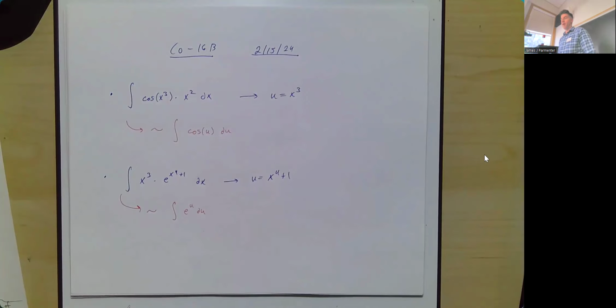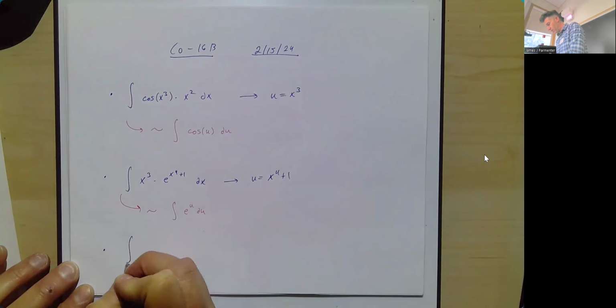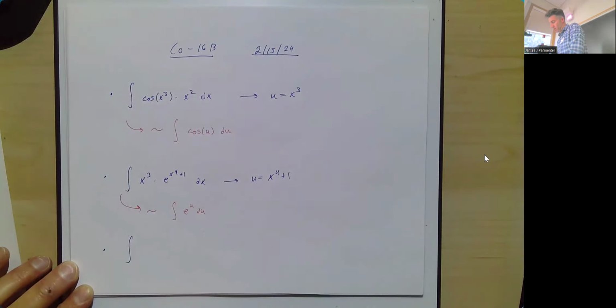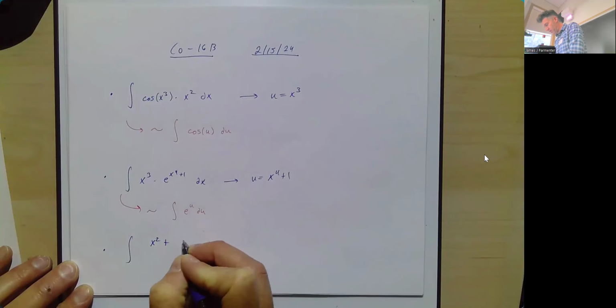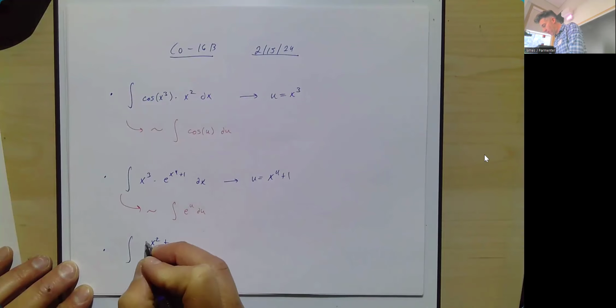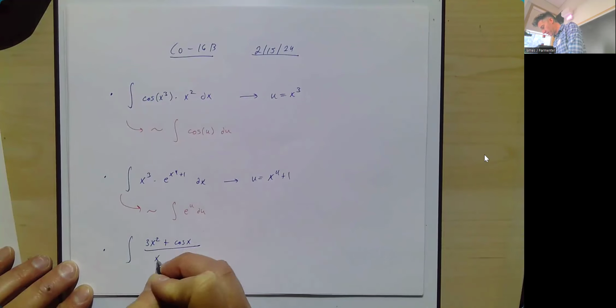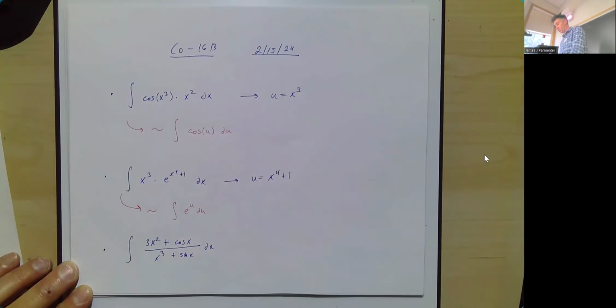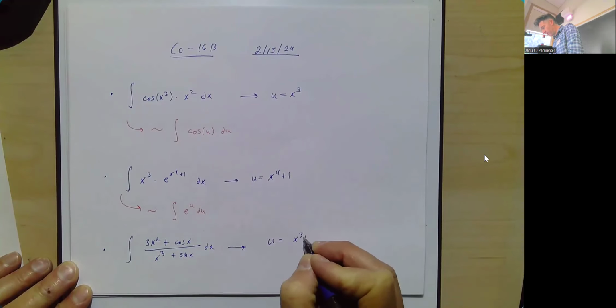One more generalization here. We could do something like the integral of 3x squared plus cosine of x over x cubed plus sine of x. And here we could make the choice of letting u equal the denominator.